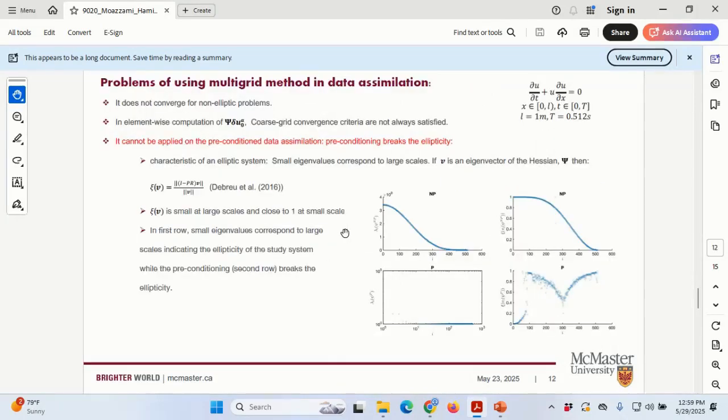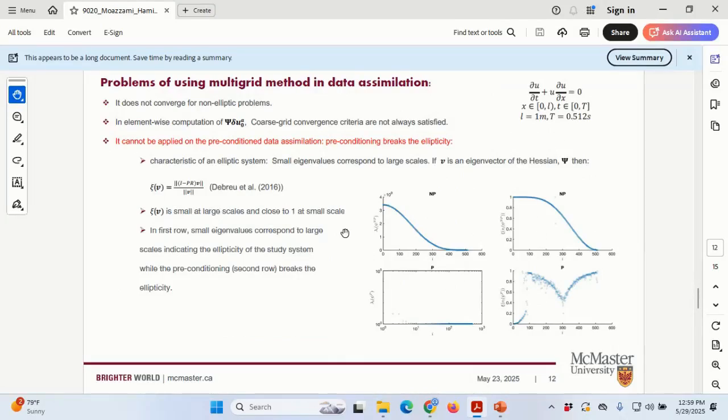But the problem is that multigrid does not always work, especially when the problem is not elliptic. That's an important limitation because although almost always the data assimilation problem is elliptic, when we do preconditioning, it removes the ellipticity. As you see, the criterion of an elliptic system is that small eigenvalues correspond to larger scales.